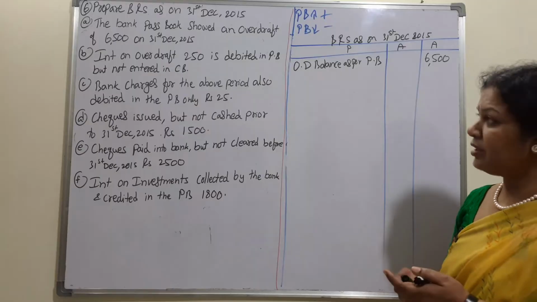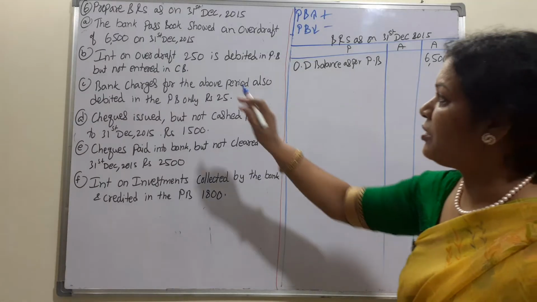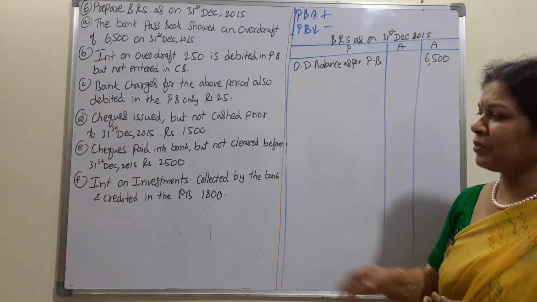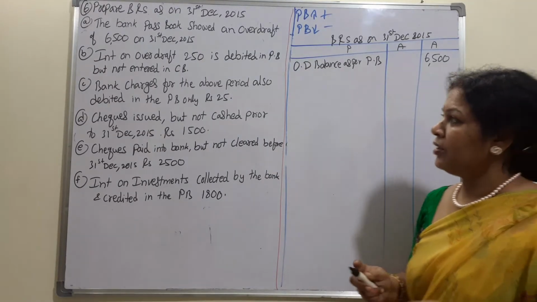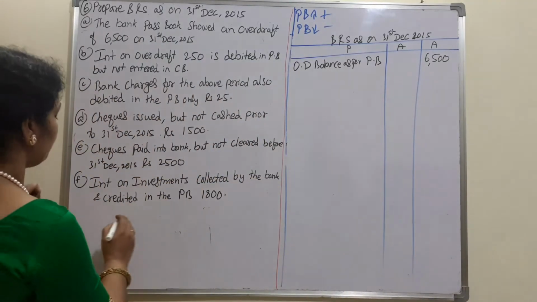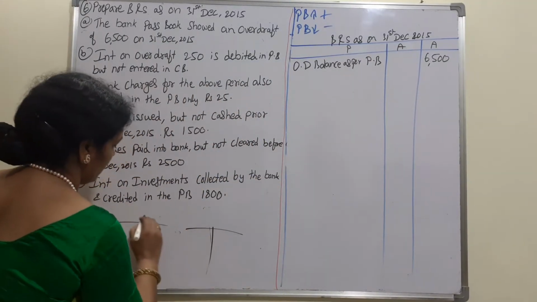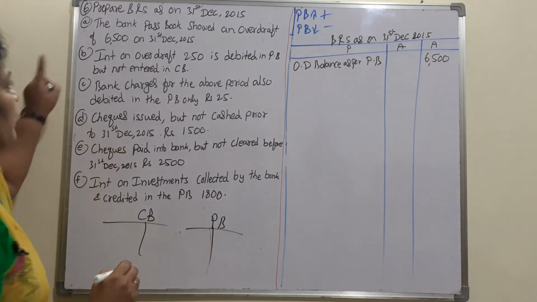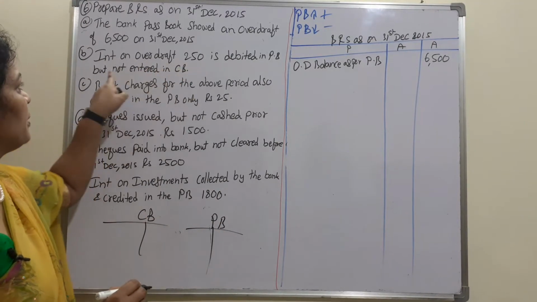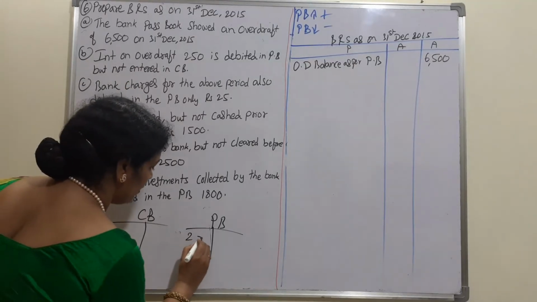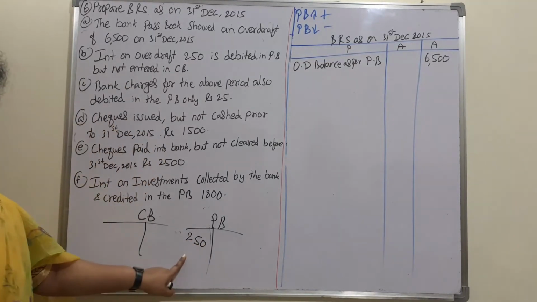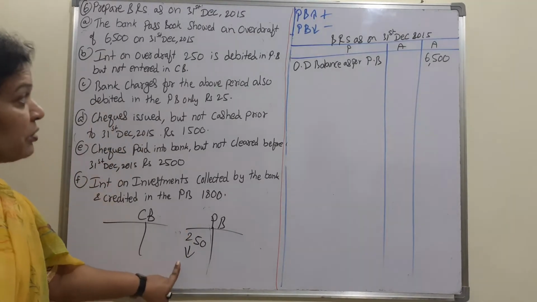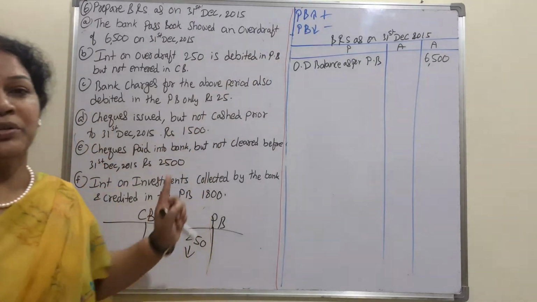Now we'll see the first transaction. Interest on overdraft 250 is debited in passbook but not entered in cash book. So interest on overdraft 250 is debited in passbook only. So the passbook value is decreasing. When the passbook value is decreasing, we have to deduct it.